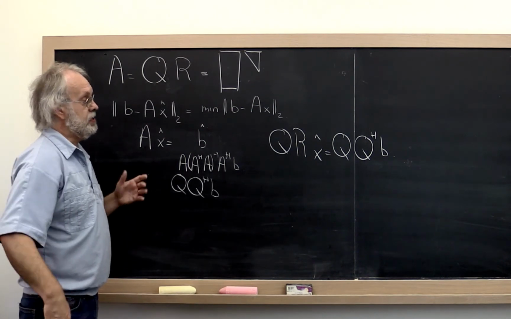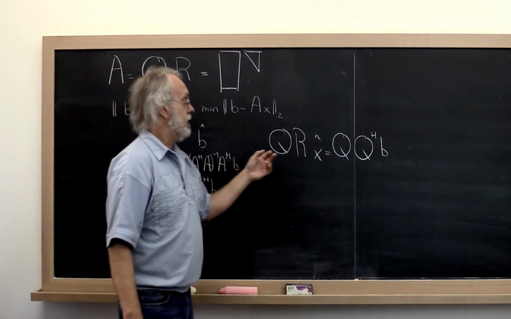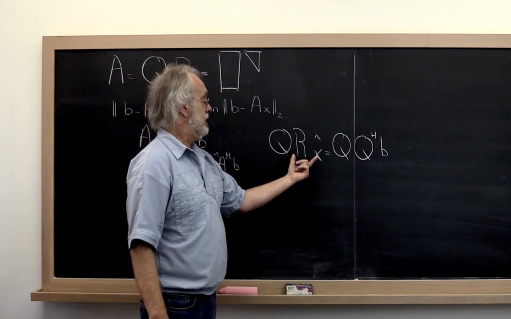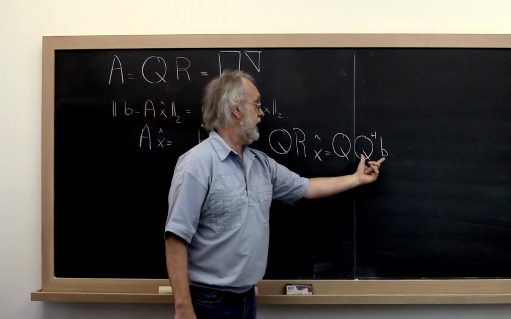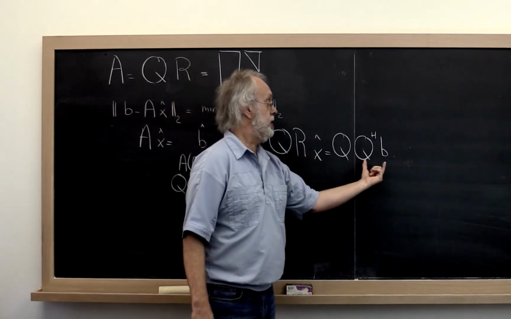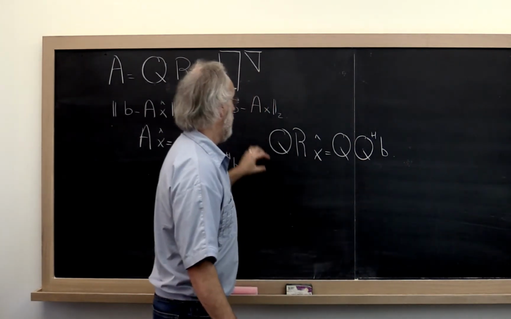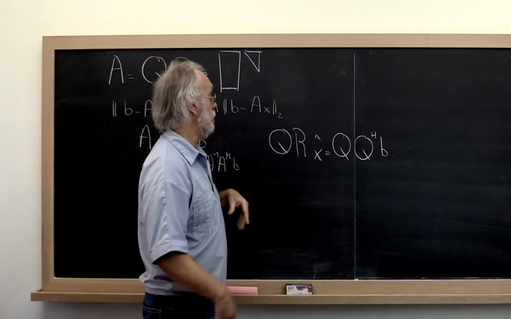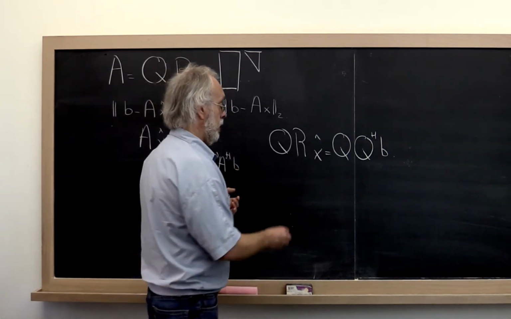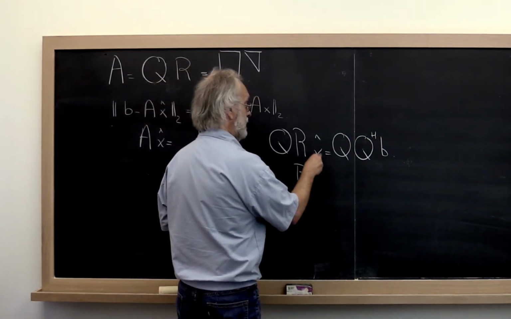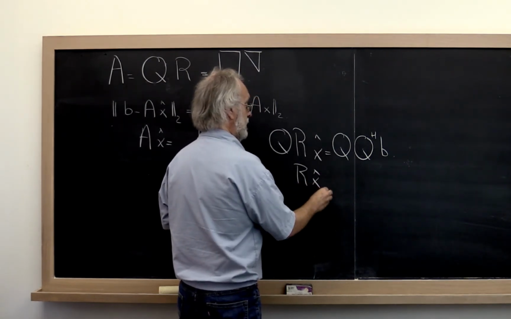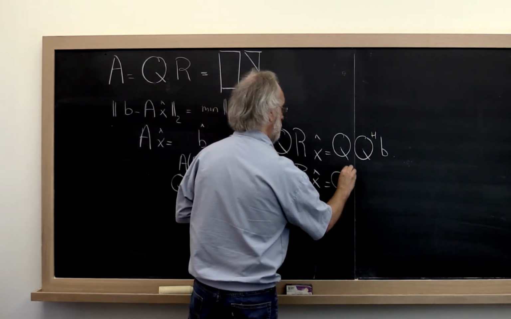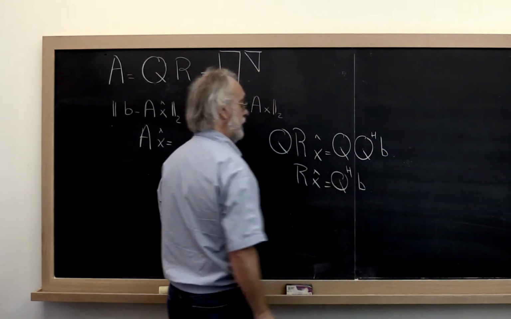And then you can either say, well, I know that you need to take the same linear combinations of Q on both sides, and therefore this vector must be equal to that vector, or you can multiply both sides by Q Hermitian. Regardless, the x hat that solves this problem is R times x hat is equal to Q Hermitian times b.